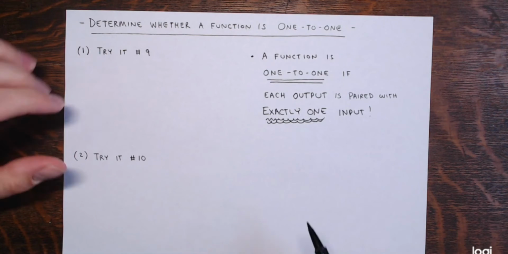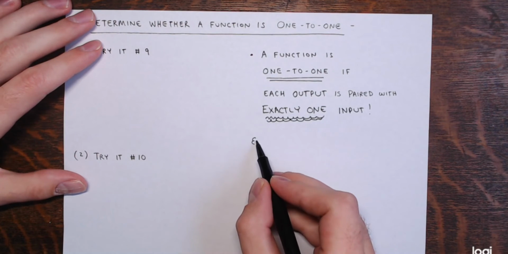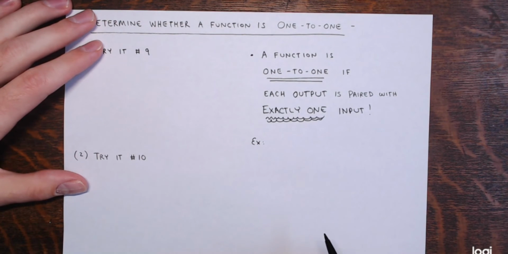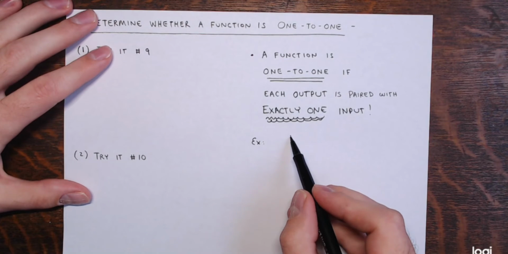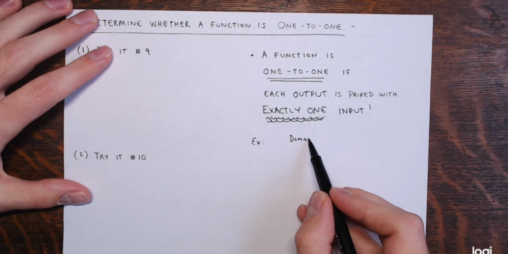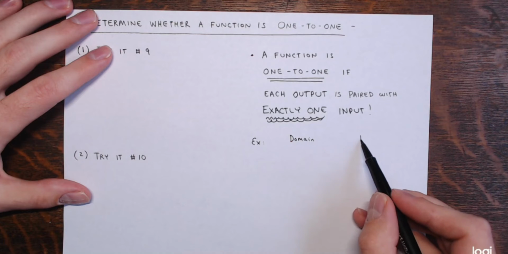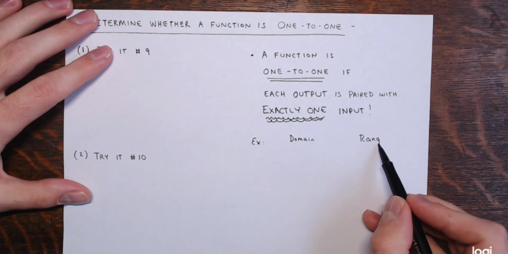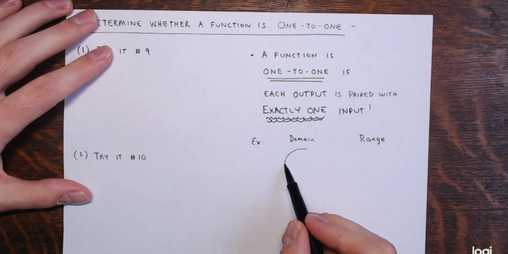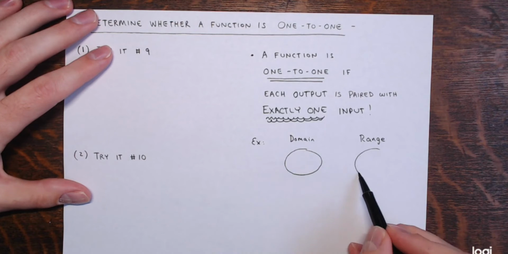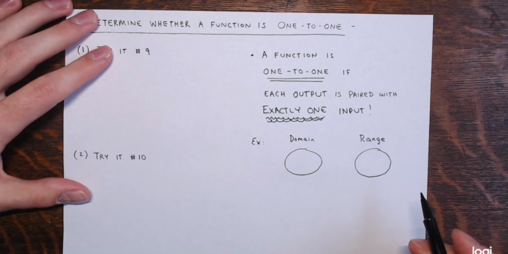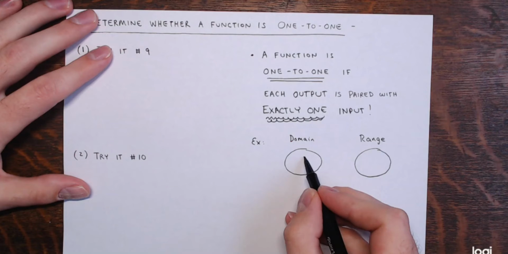Alright, so for example, I'll just draw some swift little pictures here. So suppose here's the domain. I'll just draw some little arrow diagrams, little mappings. So say this is the domain and this is the range. Here's a couple elements of the domain.